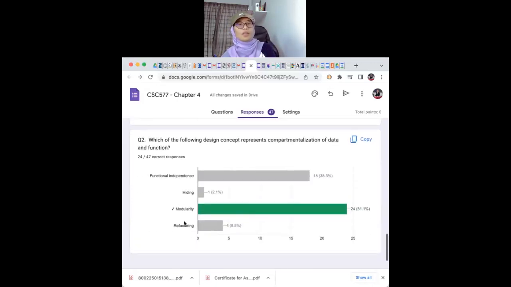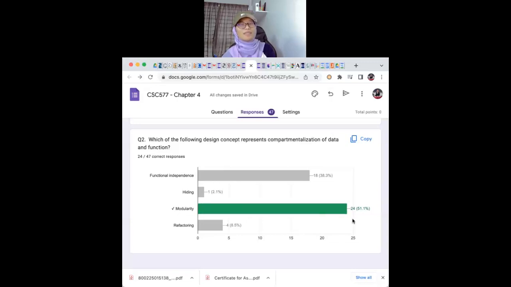Okay. Second question, which of the following design concepts represents compartmentalization of data and function? This is to divide into a few compartments or departments, right? So which one? The answer is modularity.